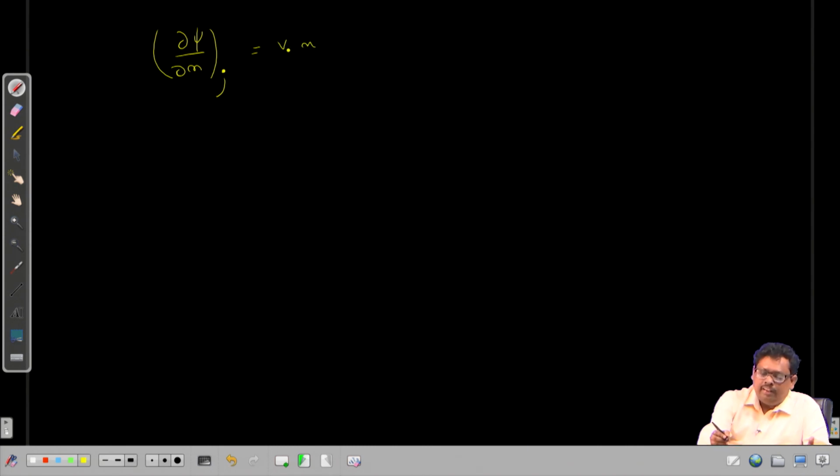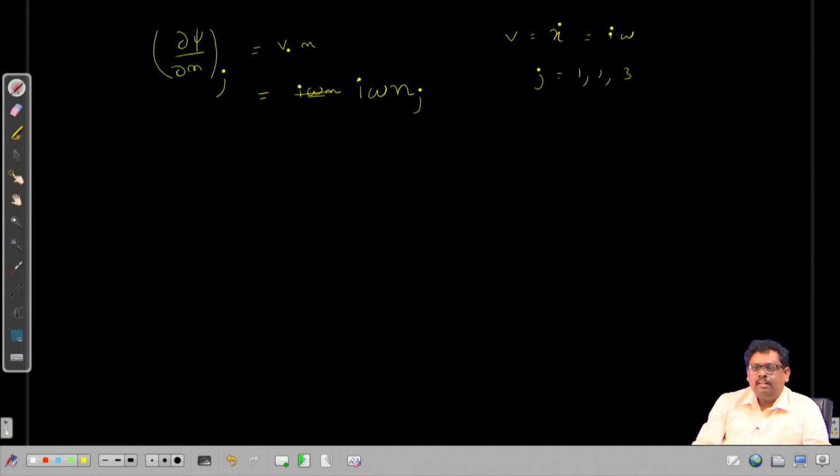Now, v equals x dot, which is i omega. So I replace this with i into omega into n, careful, it is not omega n, it is i omega n j, for the j direction. And this happens for j equal to 1, 2 and 3.